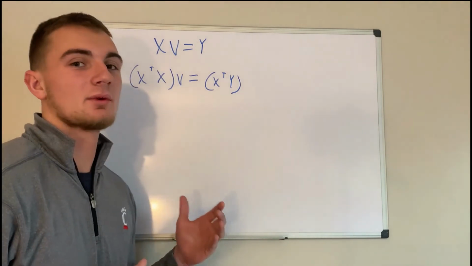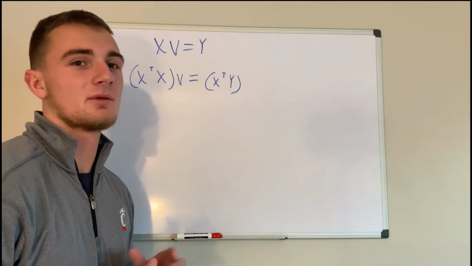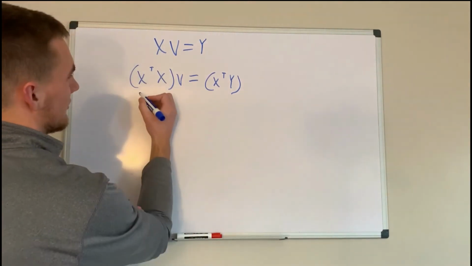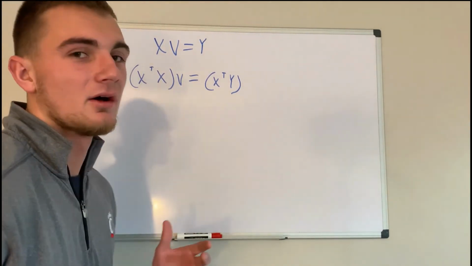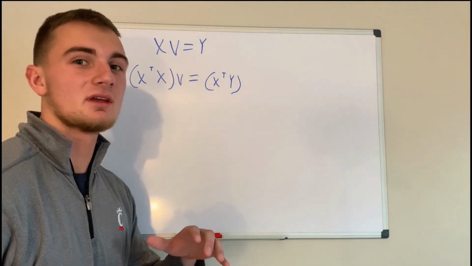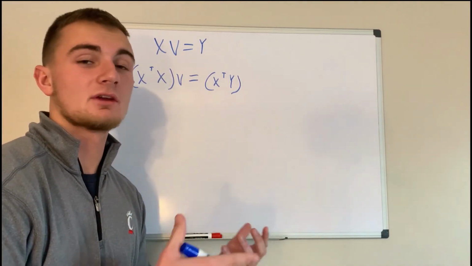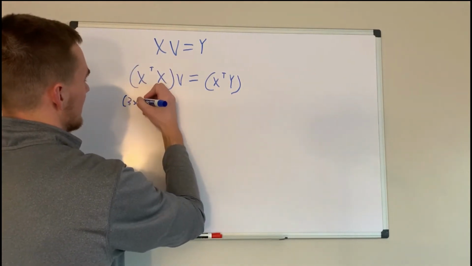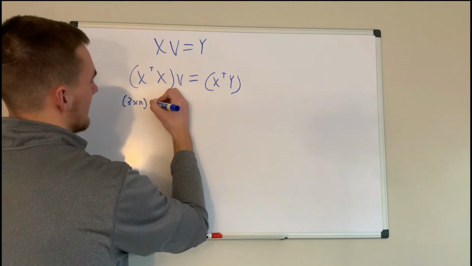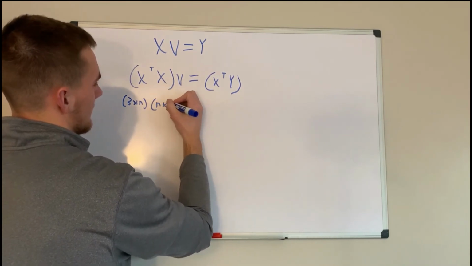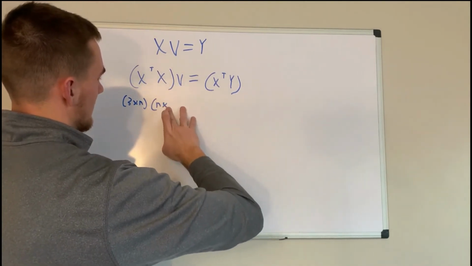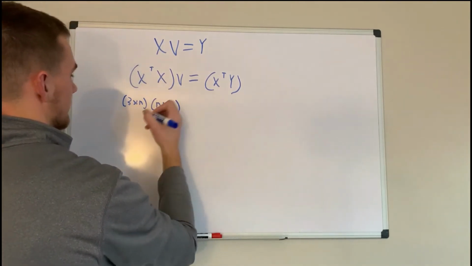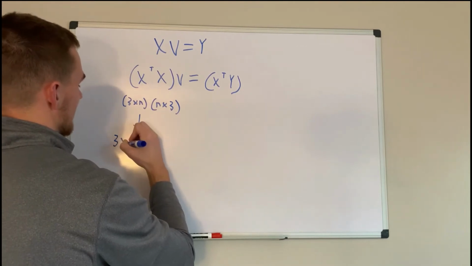Now here we actually run into something pretty cool, and this is probably the neatest thing about this example. When we multiply by the transpose of the design matrix, it has the complete opposite dimensions of the original matrix. So what we'll have here is a 3 by n matrix multiplied by an n by 3, which will yield a 3 by 3 matrix.